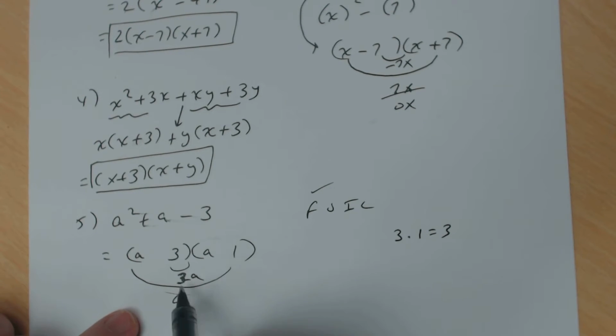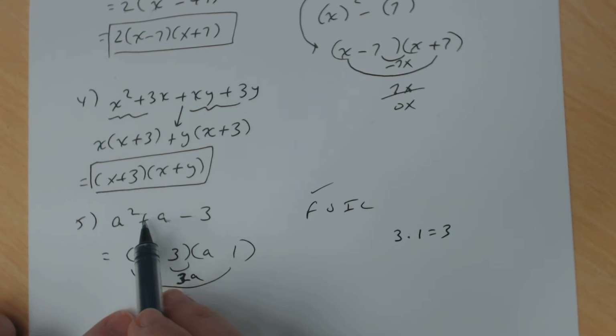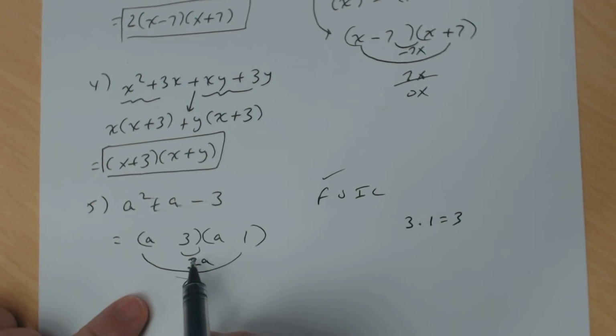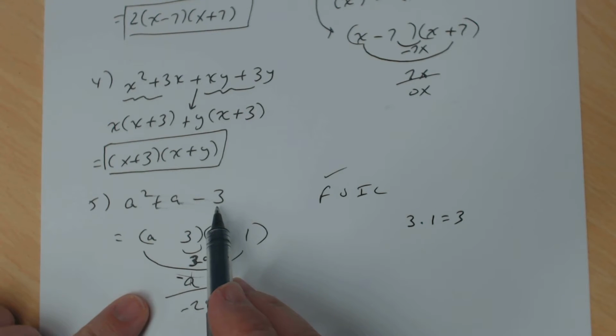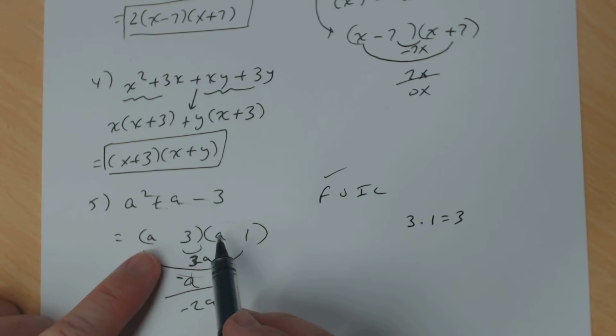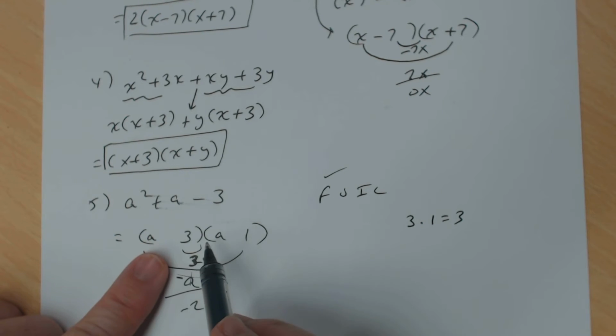Well, if I want this sum to be a positive 1, then that means 3a has to be positive and that a has to be negative. But the issue is this. When I add them up, I get a negative 2a. And there's no other choice for 3. And I can't change the first terms because they're the same.